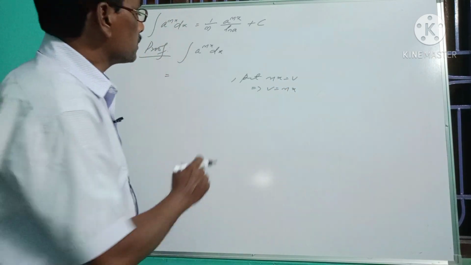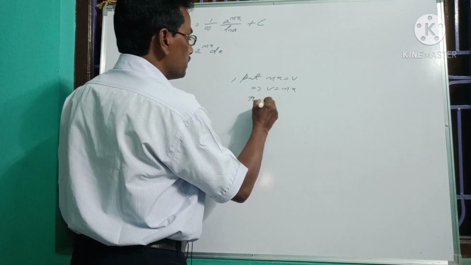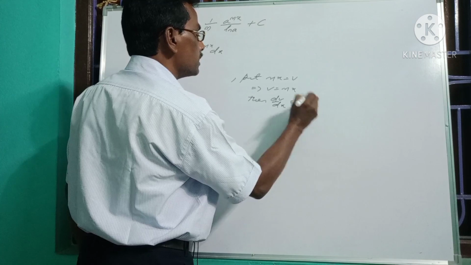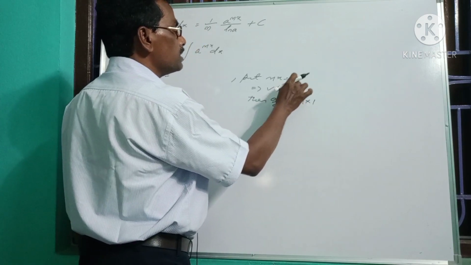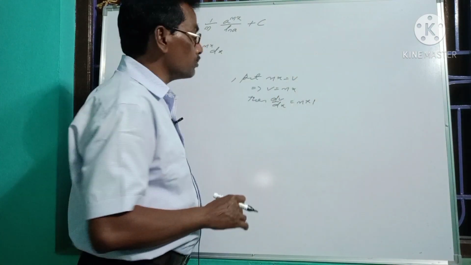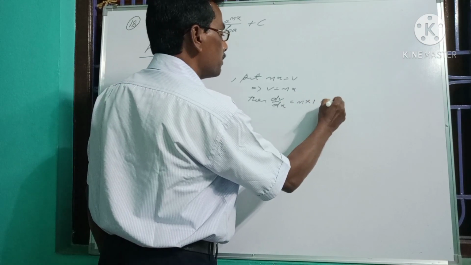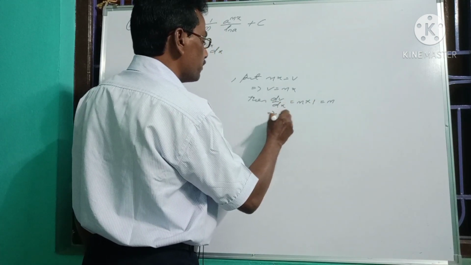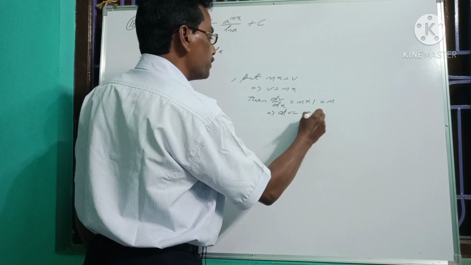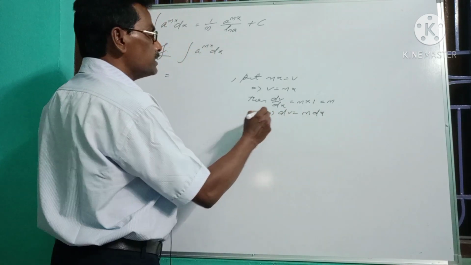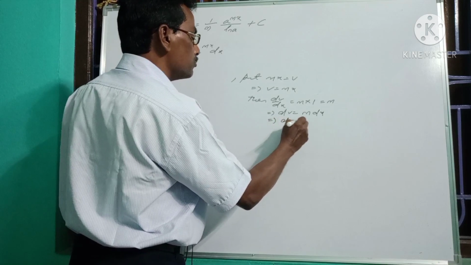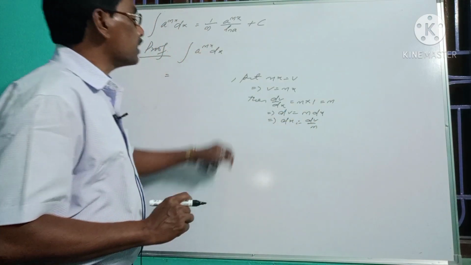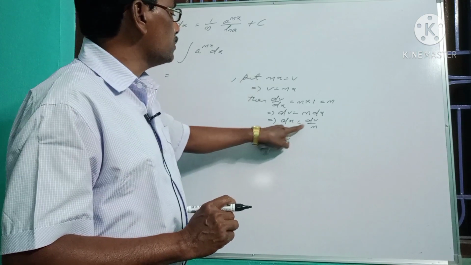The derivative of v with respect to x is equal to m into 1, since m is a constant and the derivative of x with respect to x is 1. So dv by dx is equal to m. Simplifying, we have dv is equal to m into dx, so dx is equal to dv by m. After substitution and differentiation, we got dx is equal to dv by m.